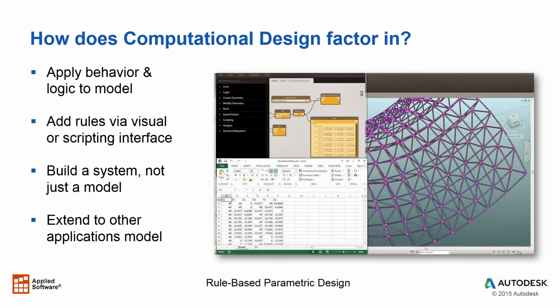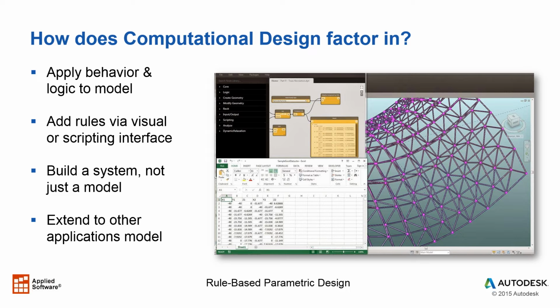So how does computational design factor in? Well, what computational design brings into the mix is a rule-based parametric design. You've seen how the application that was Dynamo or Dynamo Studio was able to deal with complex geometry with very little ease and able to take care of the minor changes between different components in the geometry.